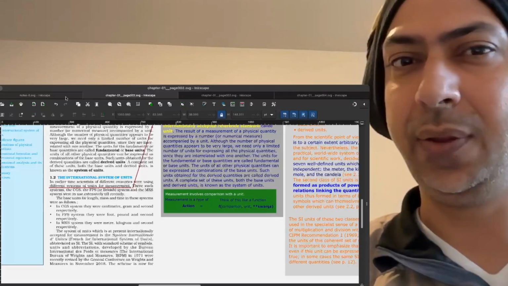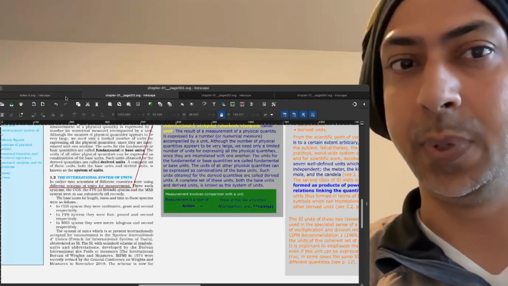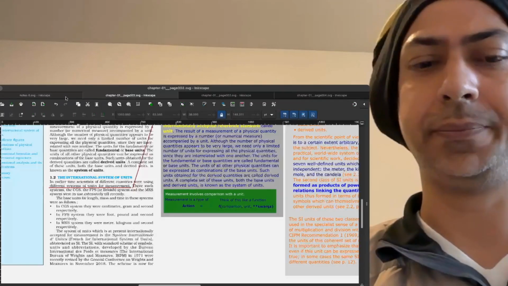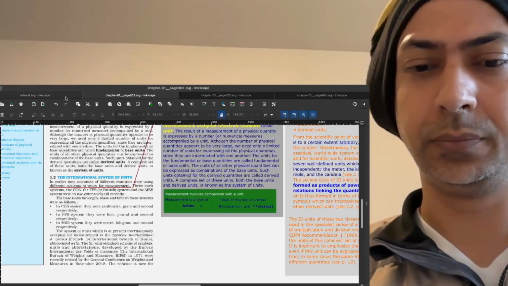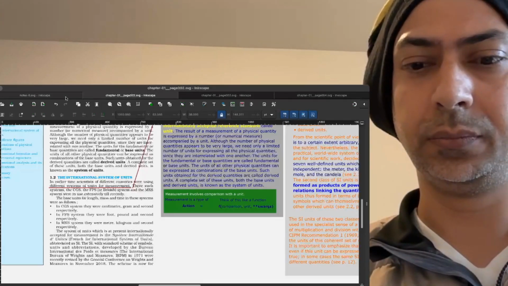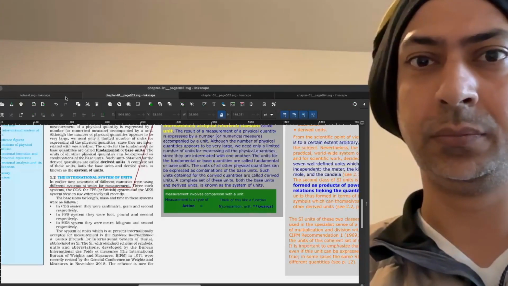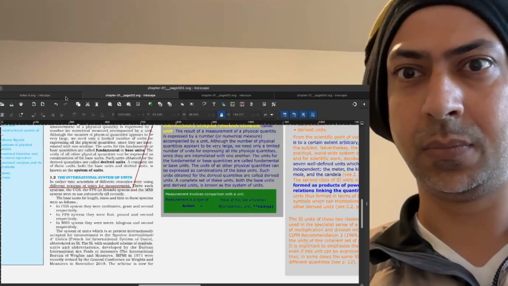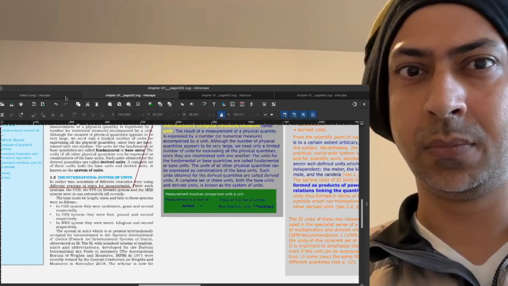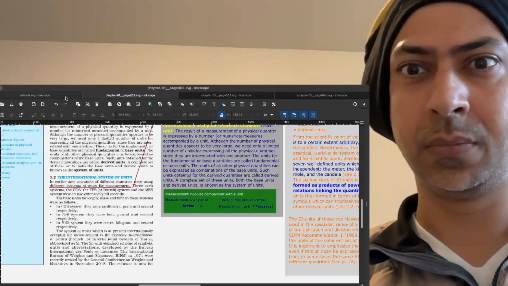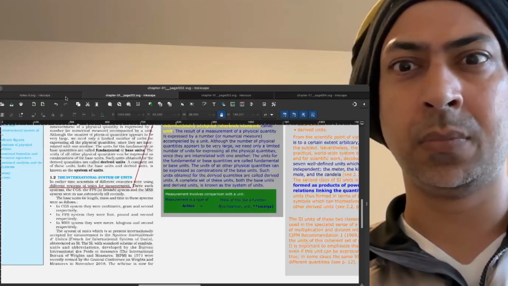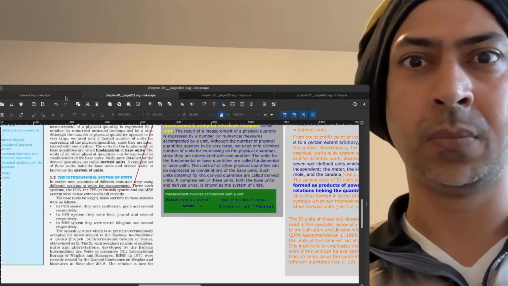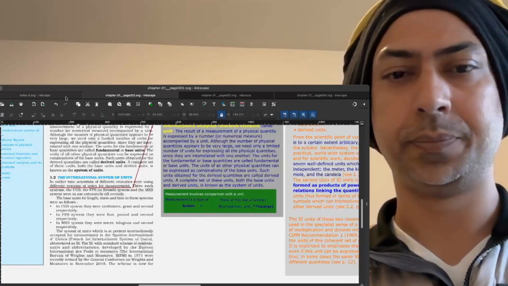Bodhayana, in the very first chapter of his Shulba Sutra.